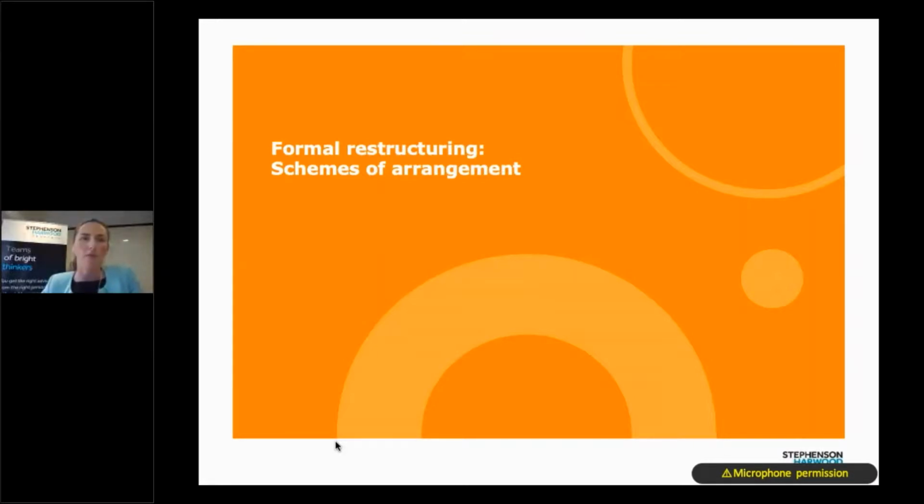In other parts of the world, there are specific regimes for corporate restructuring, rescue, reorganisation. You may have heard of administration in the UK, voluntary administration in Australia, or the very common Chapter 11 in the US. These are formal restructuring processes.